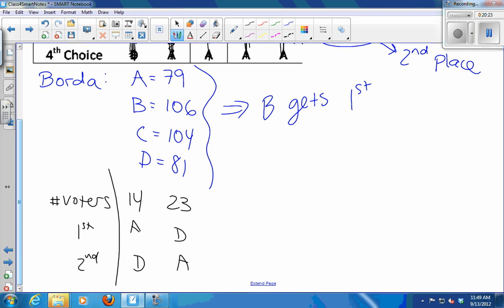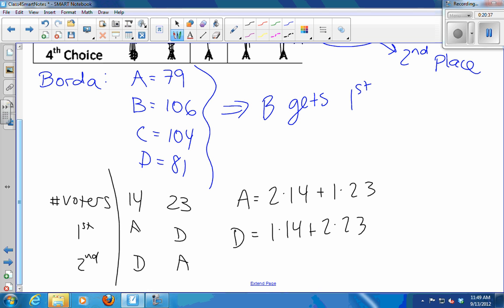So if I do Borda on this remaining bit here, A is going to get 2 times 14 plus 1 times 23, and D is going to get 1 times 14 plus 2 times 23. 28 plus 23 is 51 and 60. Yep.